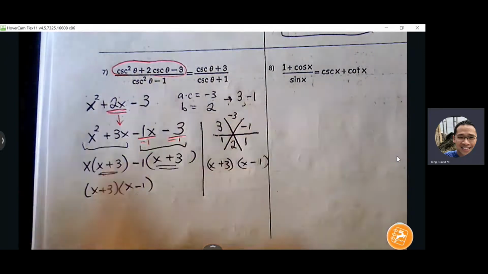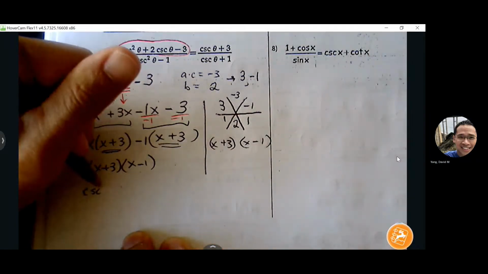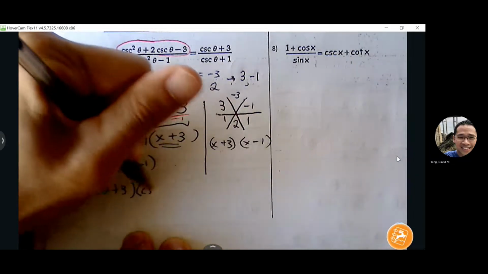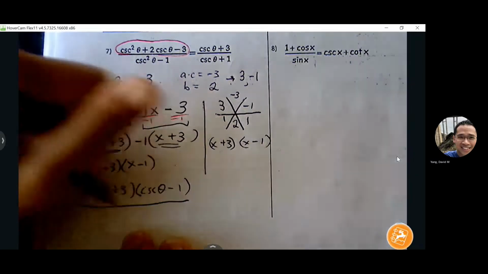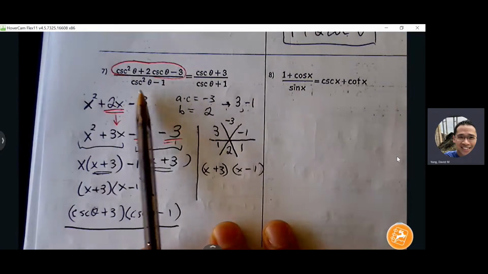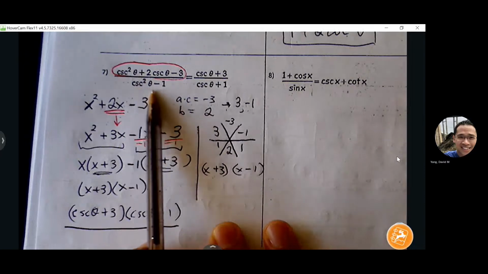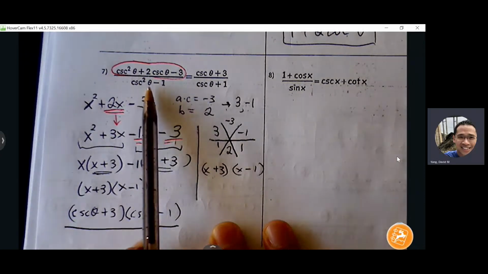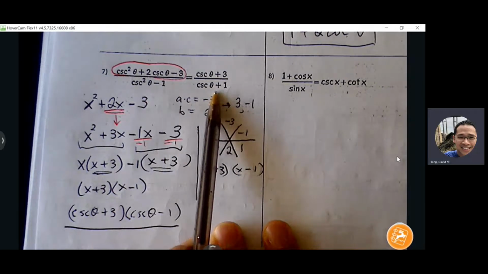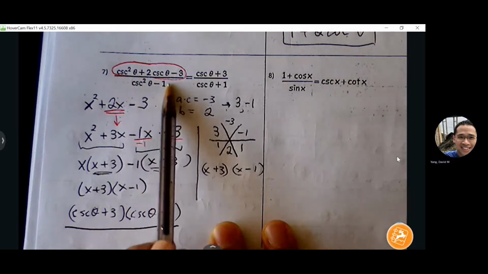So we're factoring a simpler problem. Let's bring cosecant back into our expression. Okay. And what can I do with cosecant squared theta minus 1? I don't want to use an identity because it looks like I'm staying in terms of cosecant, but in terms of factoring, what can I do?